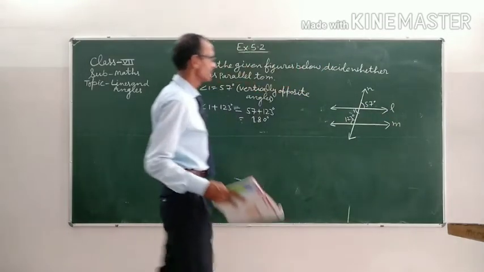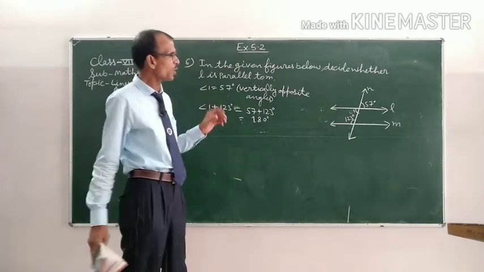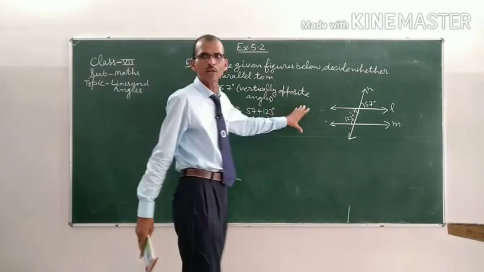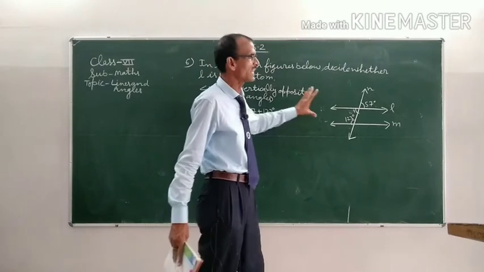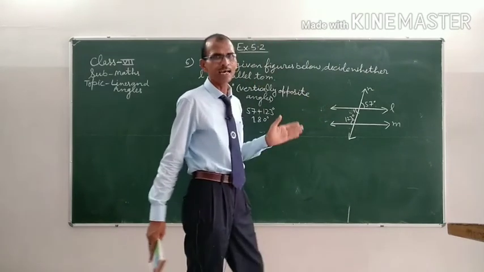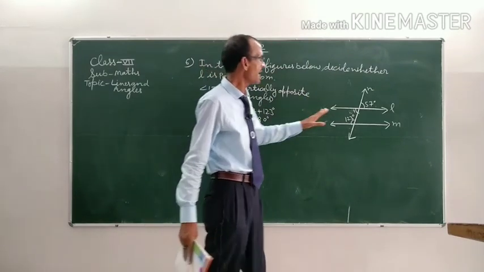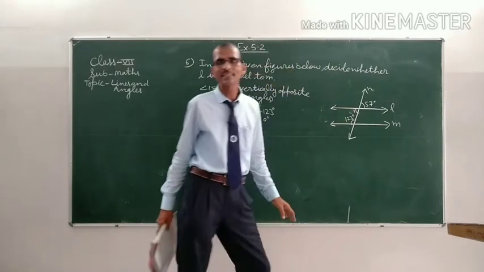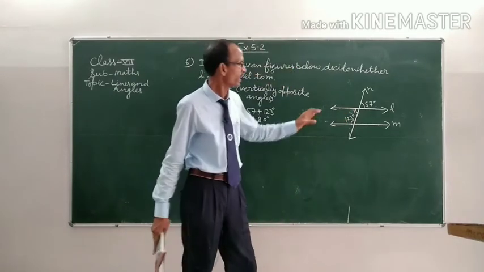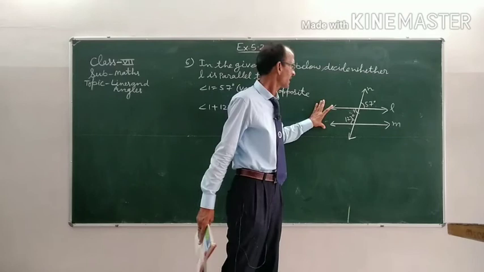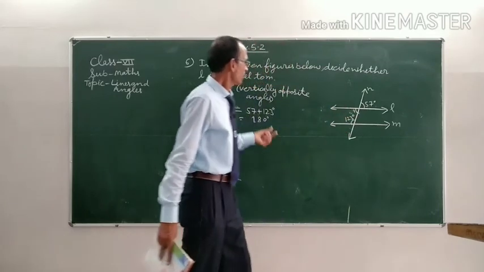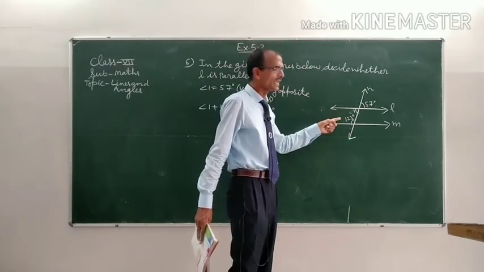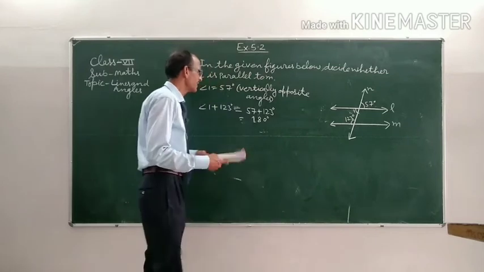If any of the three conditions follow, then the two lines will be parallel. Either corresponding angles are equal, or alternate angles are equal, or the sum of interior angles at the same side of transversal is 180 degree. Here the condition follows that the sum of the interior angles at the same side of transversal is 180 degree.